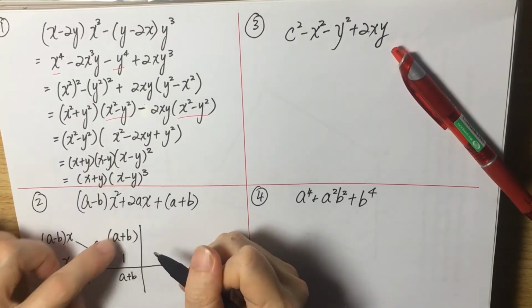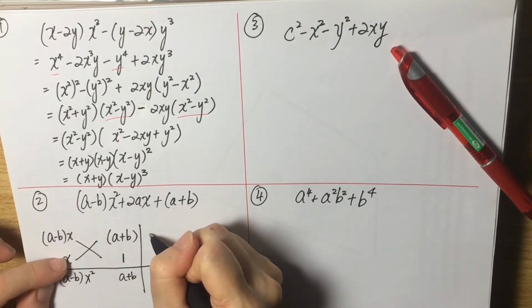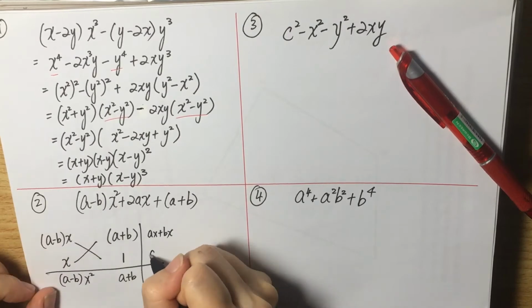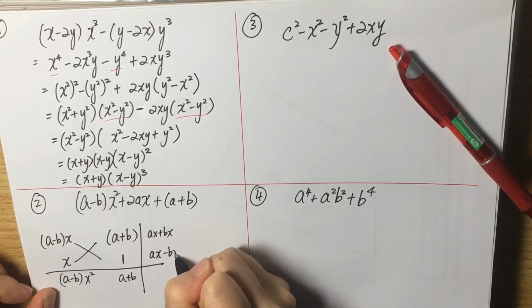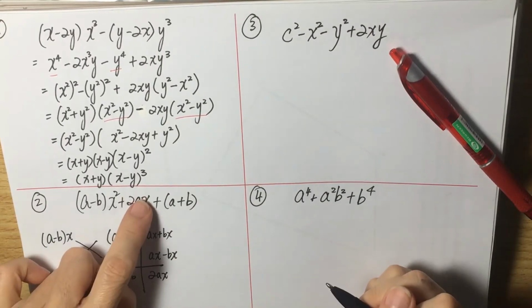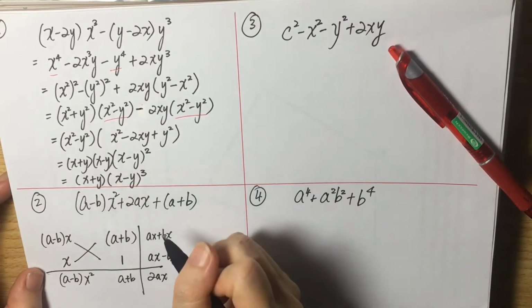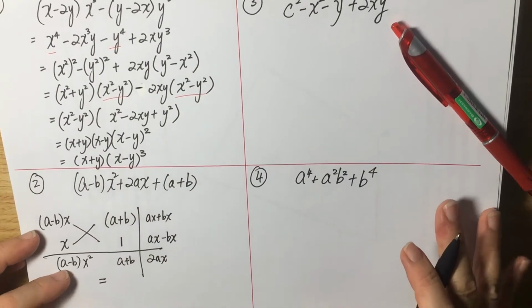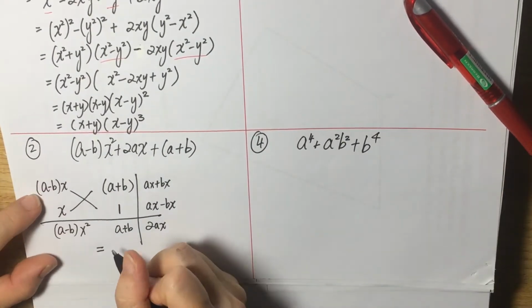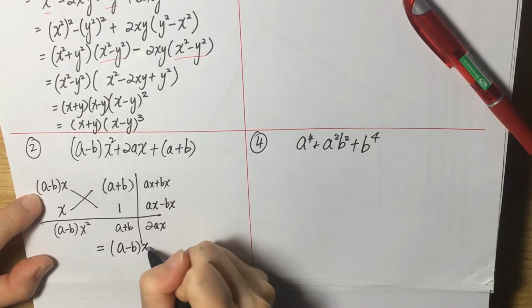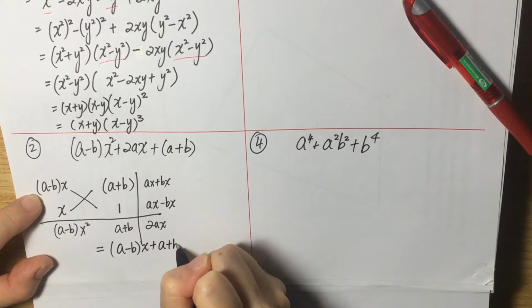Okay, when I expand this out, I actually get ax and bx. And when I expand this out, I get ax minus bx. When you add these two up, you get 2ax, which is this term. Great, right? Yes. So therefore, it can be factorized to be a minus b x plus a plus b.